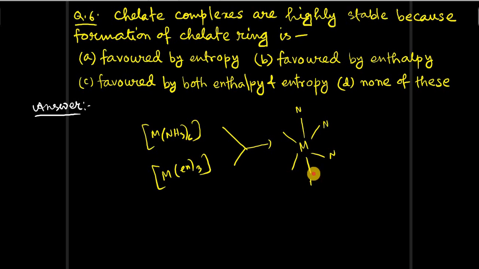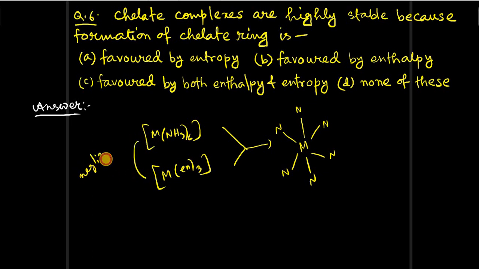Not only that, sp3 nitrogen, be it M(en)3 ethylenediamine or M(NH3)6, all the coordinate bonds are between metal and sp3 hybridized nitrogen. So there will not be much difference in the bond energy for the coordinate bonds of these two complexes.